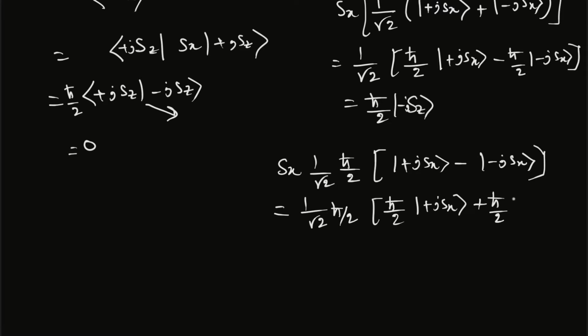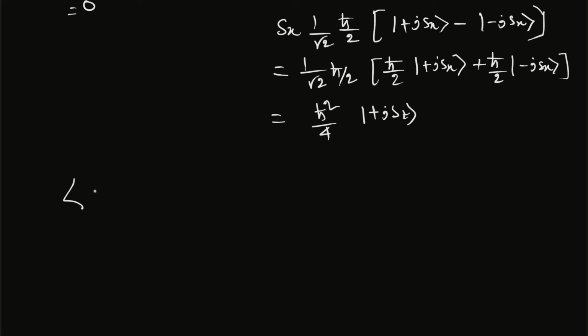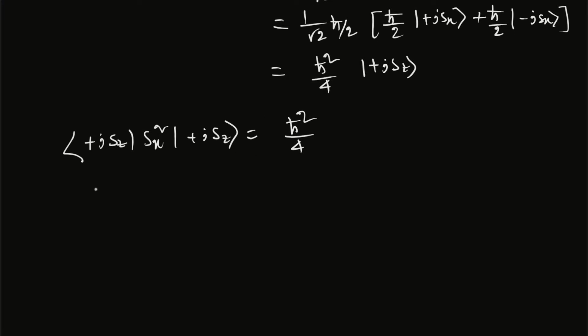This will become h cut by 2 plus minus Sx. So that means h cut square by 4 plus Sz. That means the expectation value of Sx square in this state plus Sz is h cut square by 4. So the dispersion delta Sx square will be h cut square by 4.